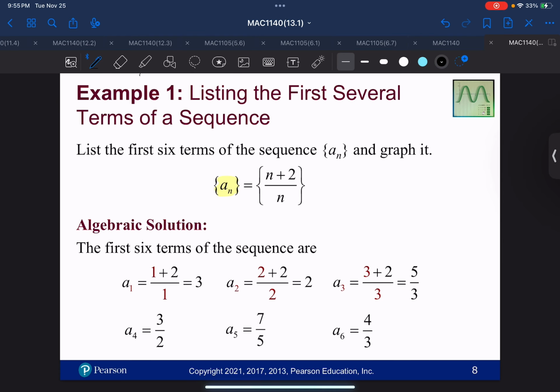So for the first term, we would plug 1 in for n, and that would be 1 plus 2 divided by 1, which would just be 3. And then the second term, a sub 2, you just plug in 2 for n, so that'd be 2 plus 2, which is 4, divided by 2, which is 2, and so on. So you can see the first 6 terms here that they found.